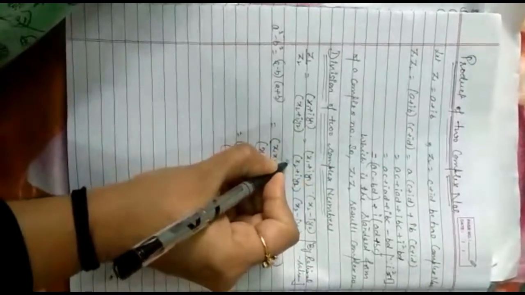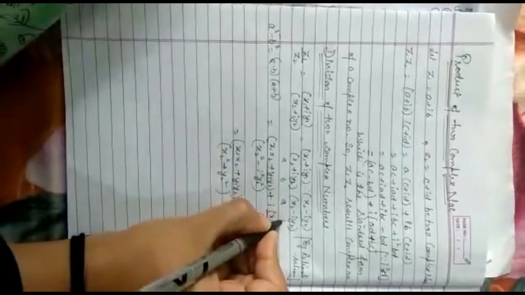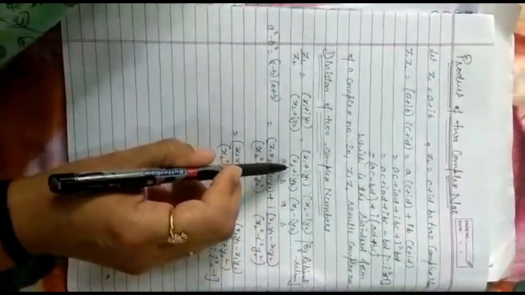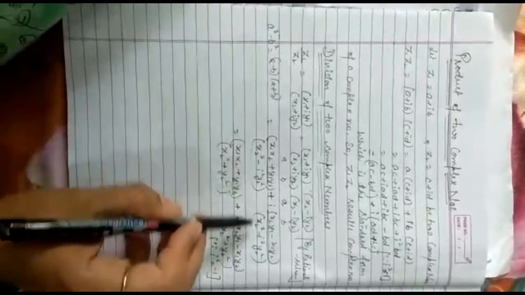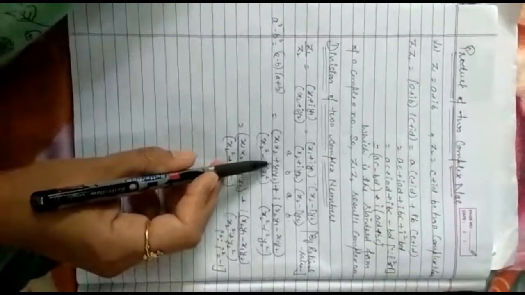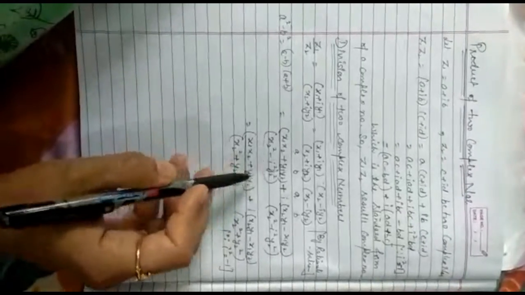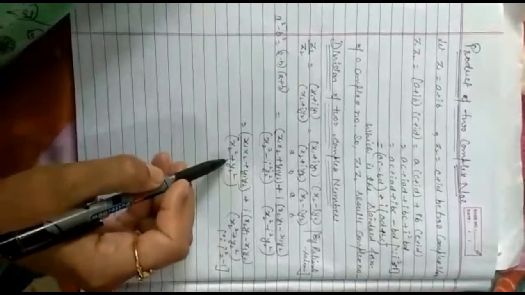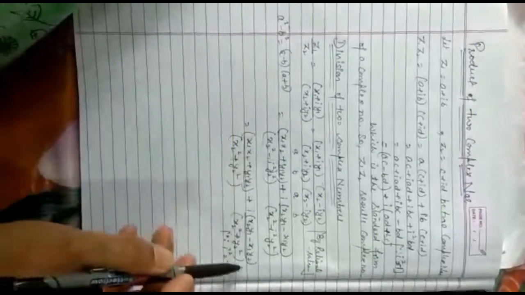That means this is our a and this is our b, and this is again our a and this is b. So we get a plus b and a minus b. Using the same identity, we can find this expression. In this expression, we are getting iota square, so we replace this iota square with -1, as we know it is the value of iota square. So the negative sign becomes positive in both the factors, and this is our required result.